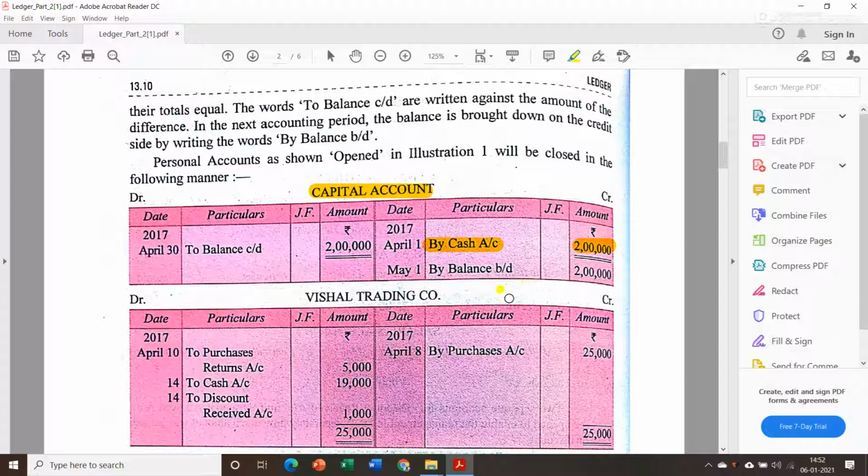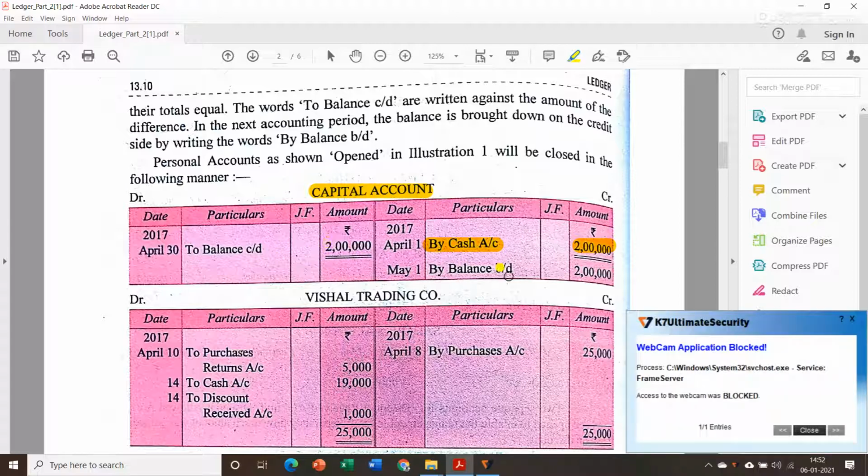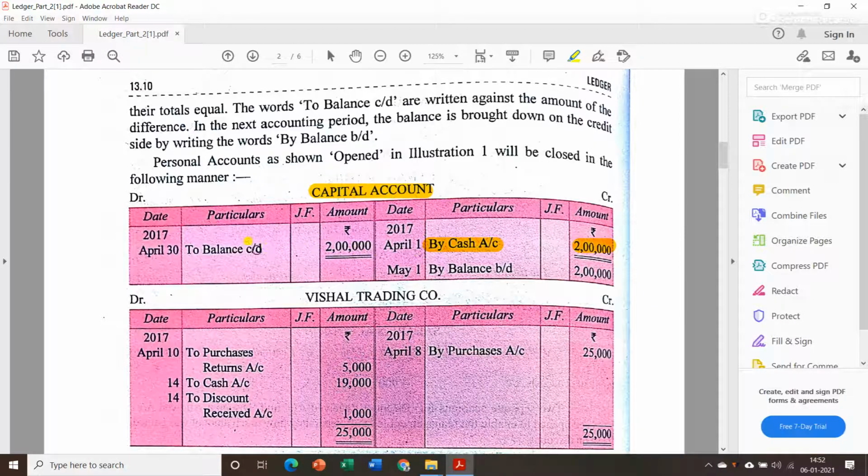Now today, as we are going to balance that capital account, since we have only 2 lakh rupees on the credit side and 0 on the debit side, in order to balance both sides, that is, to equate both the sides, we will take this 2 lakh on the debit side and write to balance carried down 2 lakh.